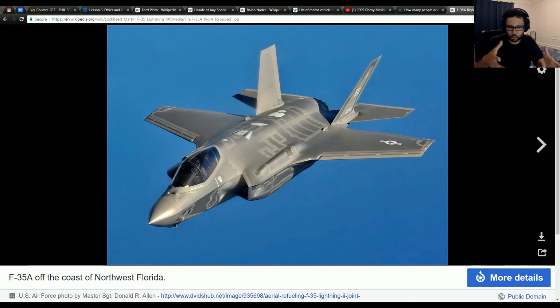But the equipment that you need to do these vertical takeoffs and landings is very expensive, and it's also very heavy, which means that these airplanes are $100 million a piece, and they fly like shit. They're not good in the air. They can't maneuver. They're basically sitting ducks. So this $1.5 trillion weapons program is a complete waste of time. It produced machines that aren't any good.